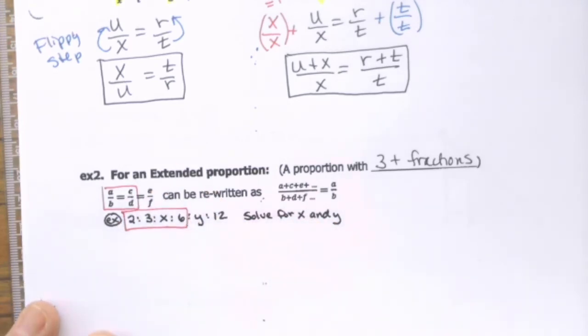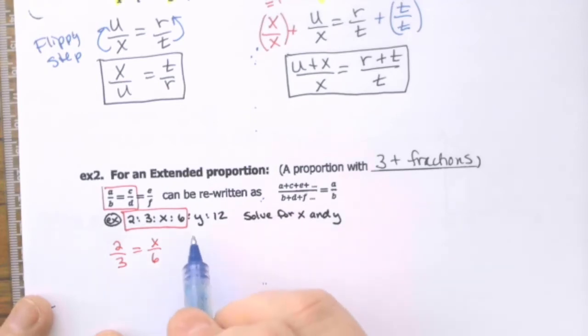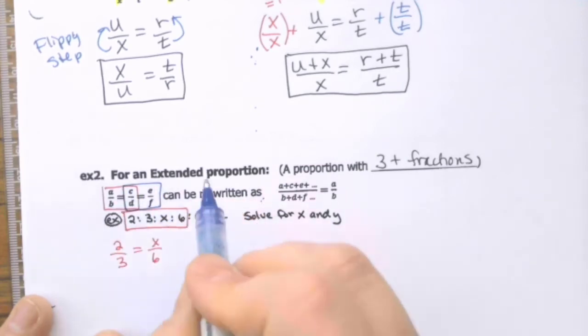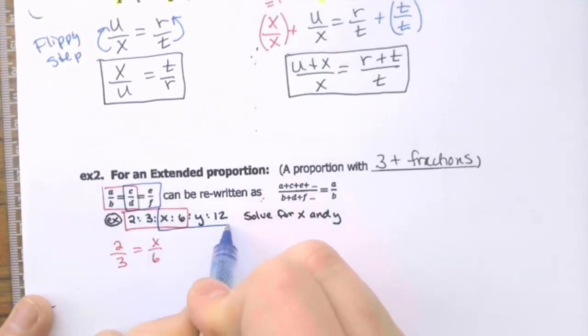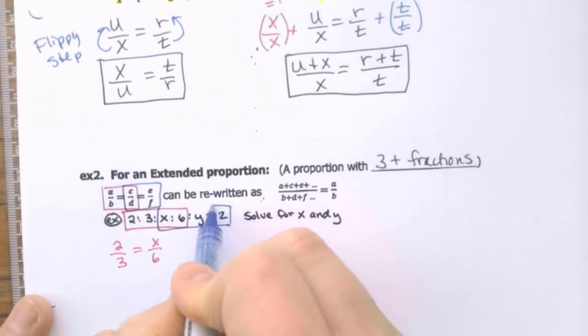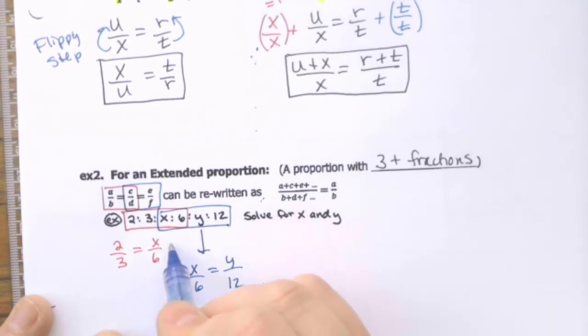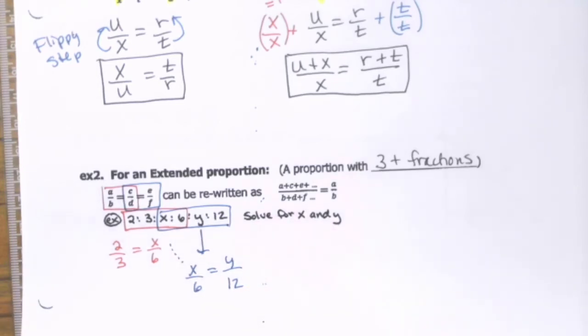So we can use that to solve for x. 2 over 3 equals x over 6. To solve for y, which is part of the last 2, we can take those 2. So that would be x over 6 equals y over 12. Of course, we would need to have x to do that.